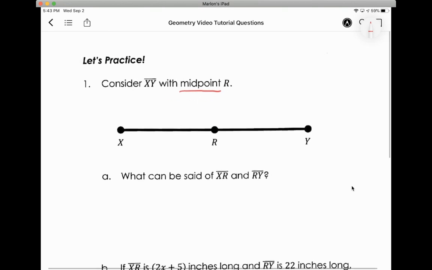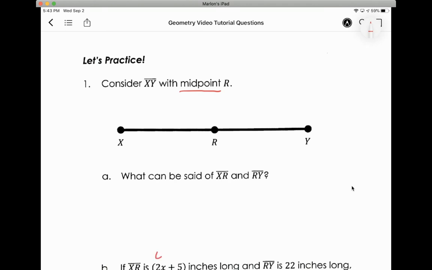So again, the midpoint is what? The midpoint of a segment is a point that divides the segment into two equal parts, or into two congruent segments.